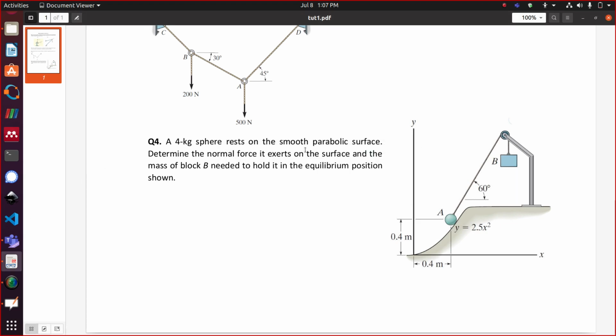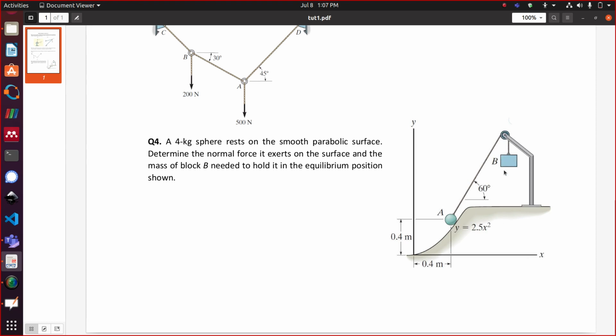You have a 4 kilogram sphere which rests on a smooth parabolic surface. Determine the normal force it exerts on the surface and the mass of block B needed to hold it in the equilibrium position. So this system is in equilibrium.